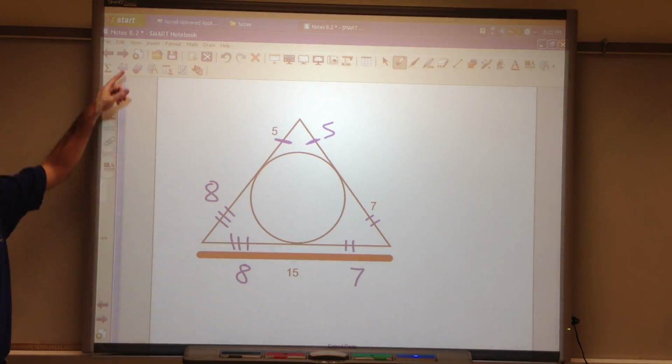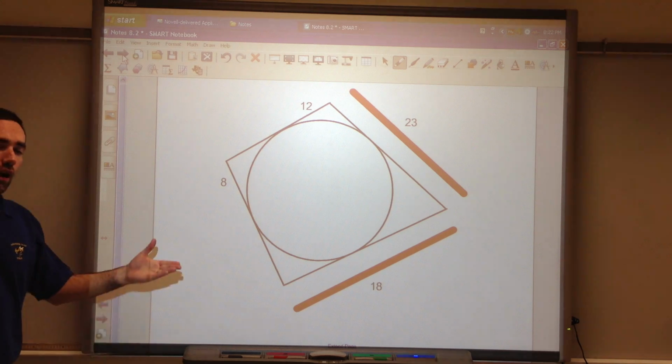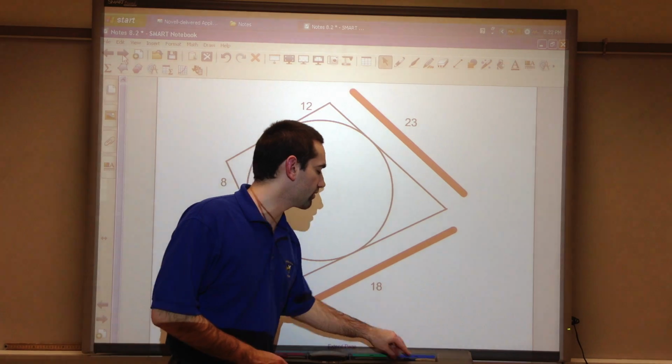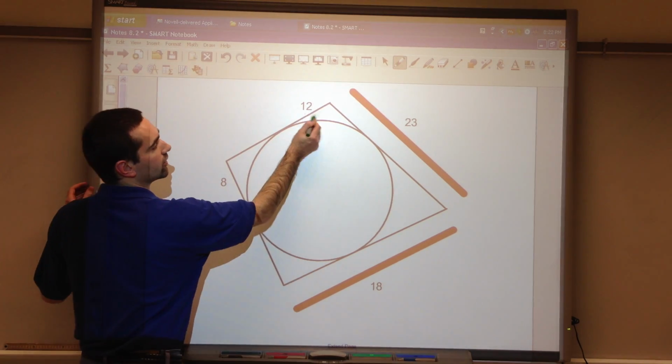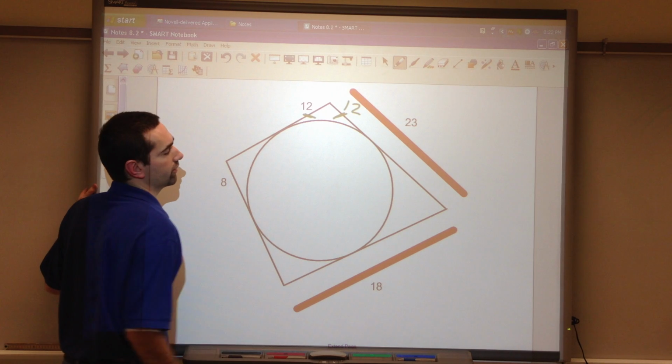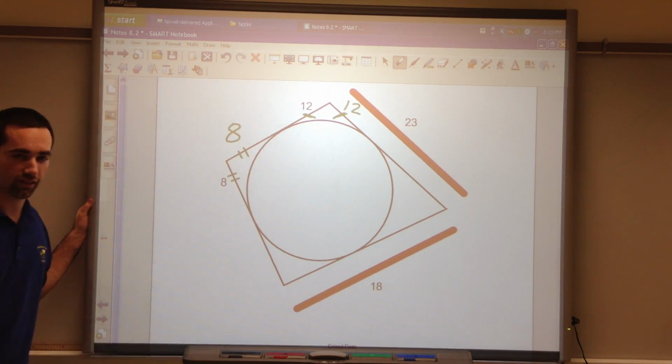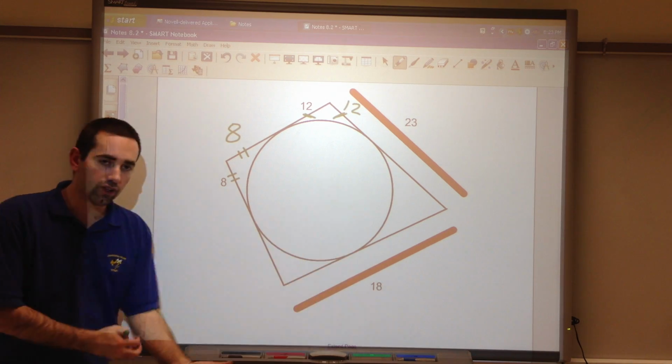Let's look at another one. Now we have a quadrilateral, but the concept still applies. These two are congruent, so that's 12. These two are congruent, that's 8. Now I've got to solve all these unknowns.